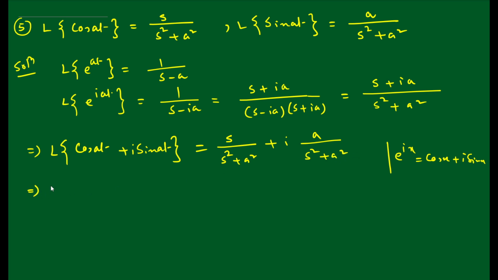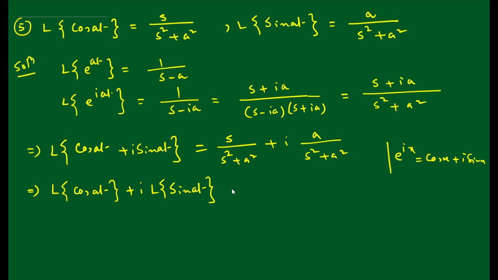In our last lecture we learned the linear property. Suppose this is capital F1 of t with C1 equal to 1, so C1 into F1 of t, and here C2 is i, C2 into capital F2 of t. So by the linear property you can write the Laplace transformation of cos at plus i into the Laplace transformation of sin at.